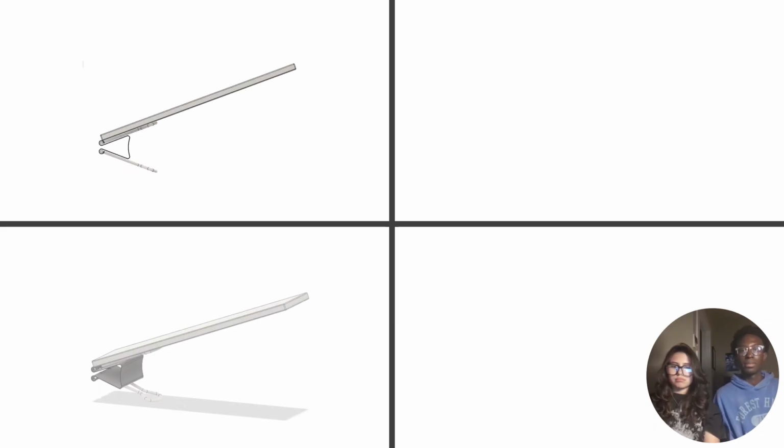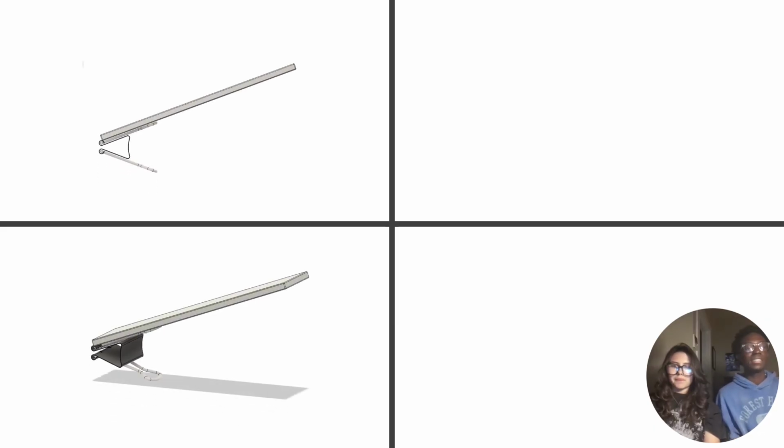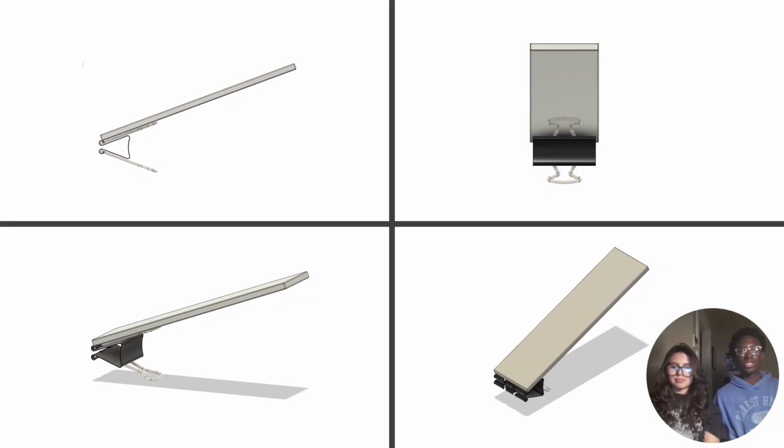But since no springs were provided by our professor and as part of the given materials in class, we adapted the design to use these binder clips that we found lying around. The binder clips acted as our hinge mechanism and also as a stable way of applying the pressure.